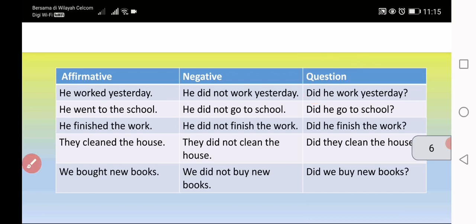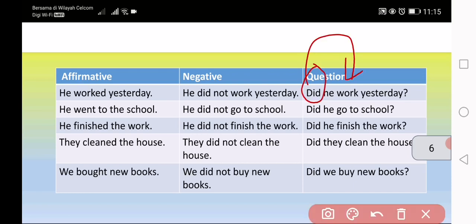Faham? Okay, the second example, we look here. He went to the school. Affirmative. Ni irregular verb. Dia tak tambah ed kan? Dia berubah. Went is the past tense form for go. So, if we change to negative, look here very carefully.